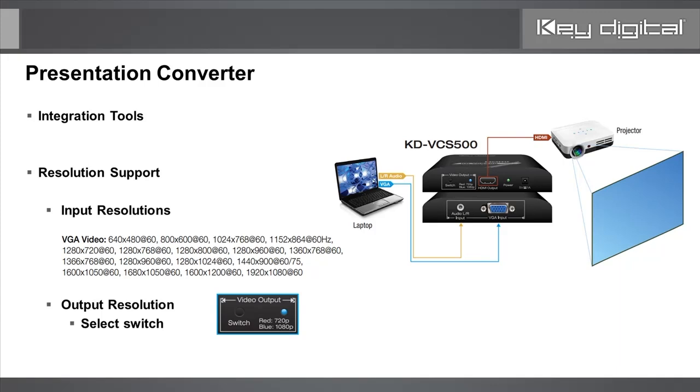You might not have the correct aspect ratios, but this allows you to just lock it into a 16:9 aspect ratio at 720p or 1080p output resolution, and it is a bit of a set it and forget it with the KD VCS 500.